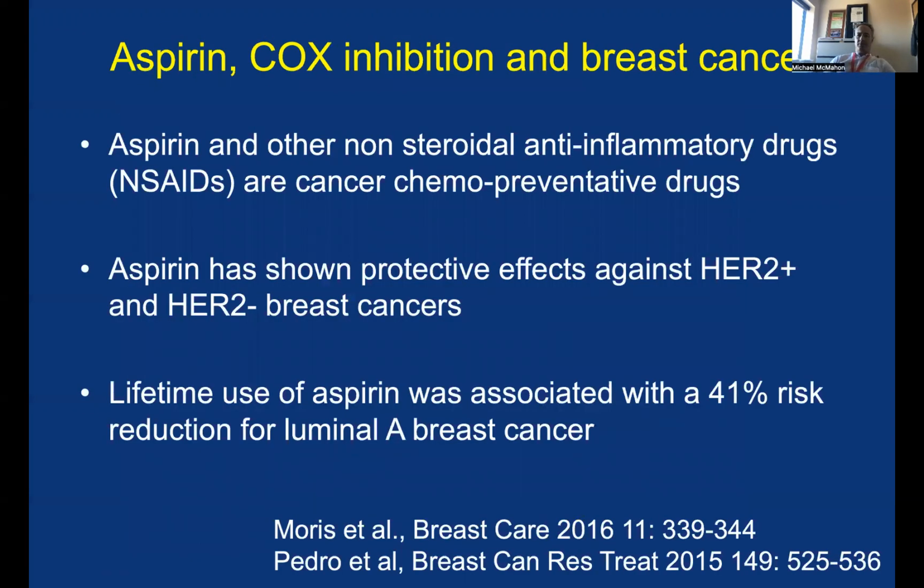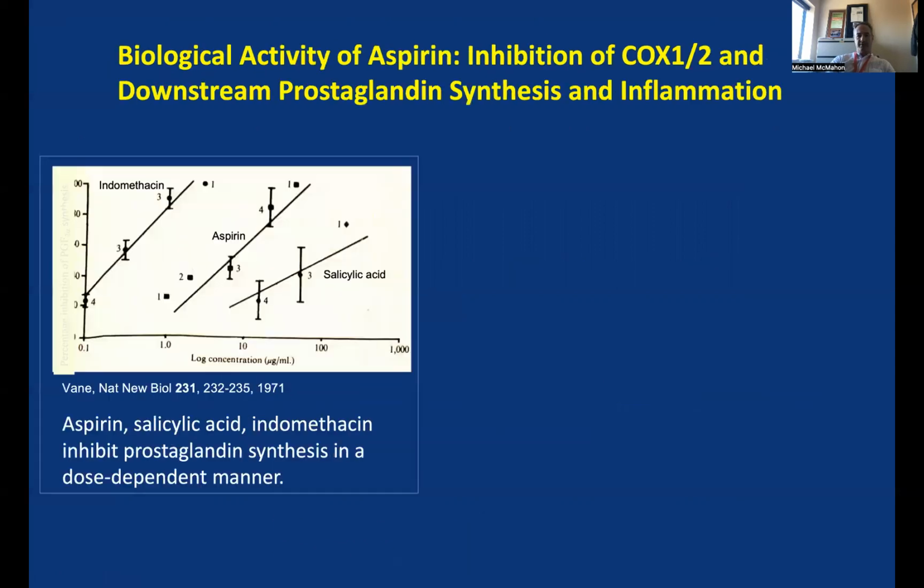One of the nice things about aspirin as well is that these are cancer chemopreventive drugs, and it's shown protective effects against the HER2 positive and HER2 negative breast cancers. And in fact, it's associated with a 41% reduction in luminal A breast cancer based on several studies.